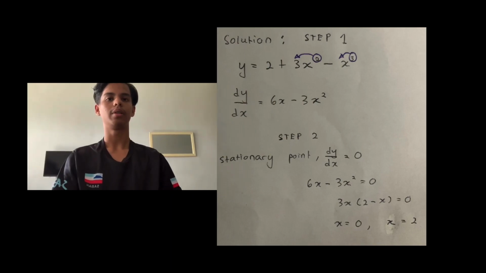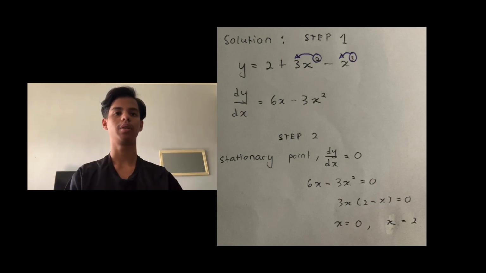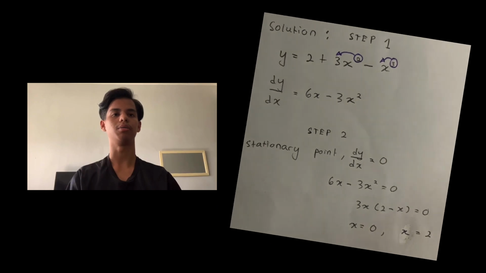Step 1 is y equals 2 plus 3x power 2 minus x power 3. Differentiate: dy per dx equals 6x minus 3x power 2. Step 2, we must find stationary point. 6x minus 3x power 2 equals 0, and we can simplify: 3x multiply 2 minus x equals 0, and stationary point for x is 0 and 2.